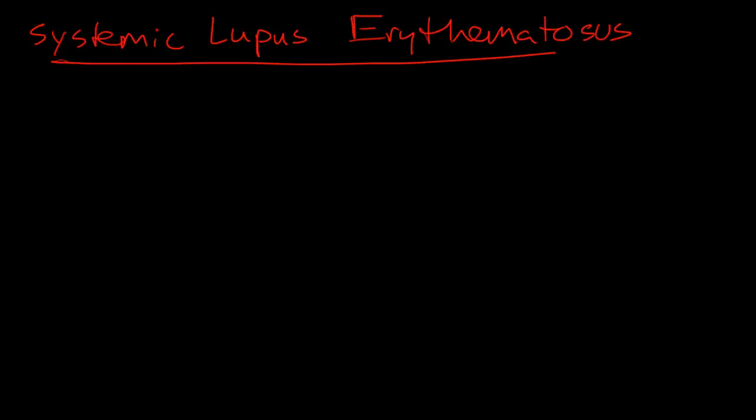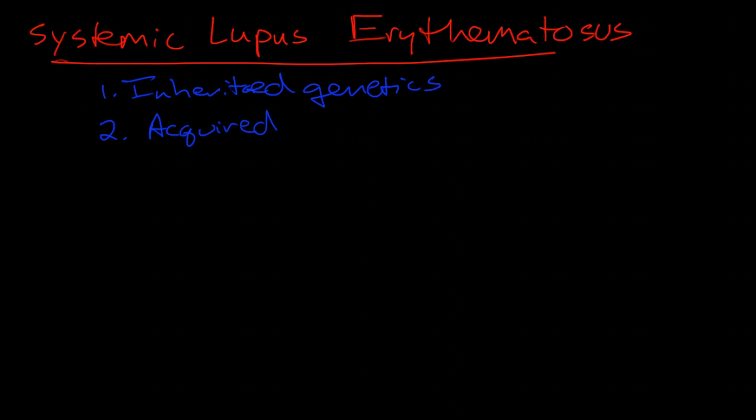This is a very complex disease that is not well understood, but the current theory is that systemic lupus erythematosus is related to both inheritance, because we know that it clusters in families, so inherited genetics that predisposes people to disease, and then acquired environmental factors and infectious factors. So there are viruses that are implicated, Epstein-Barr virus and varicella, I believe.